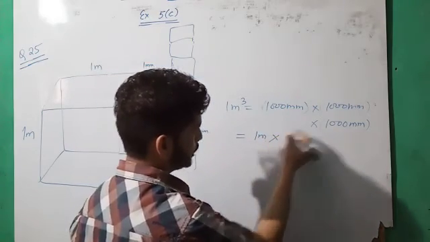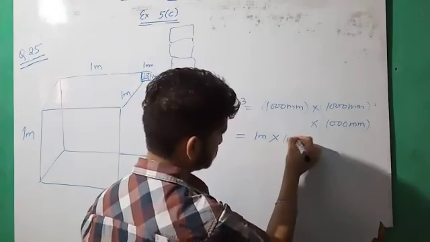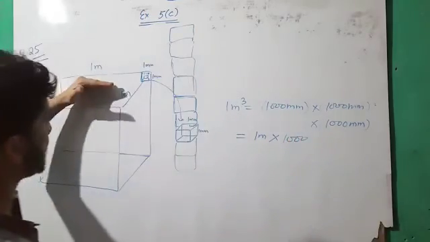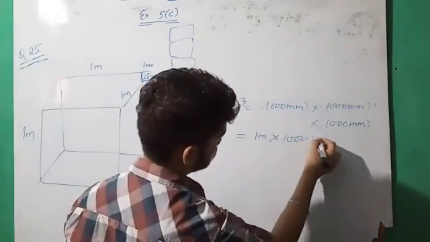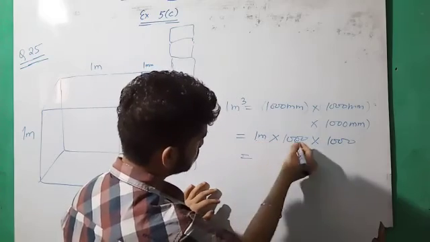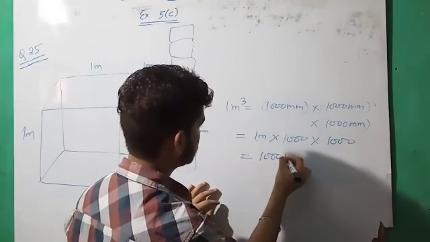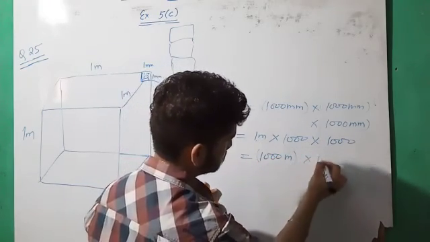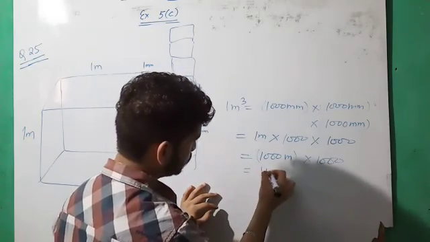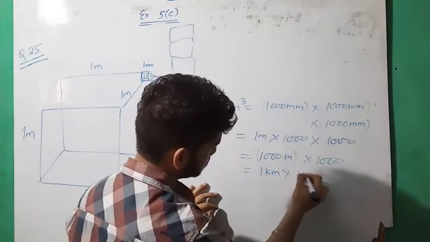1 meter into 1000, because the total number of cubes on this side is 1000, into the total number of cubes in 1000, so 1 meter into 1000 is 1000 meters into 1000. 1000 meters means 1 kilometer, and 1 kilometer into 1000.